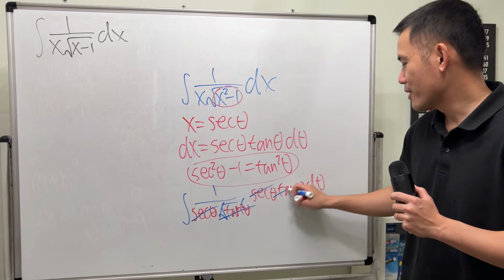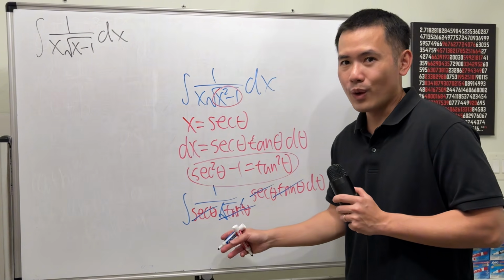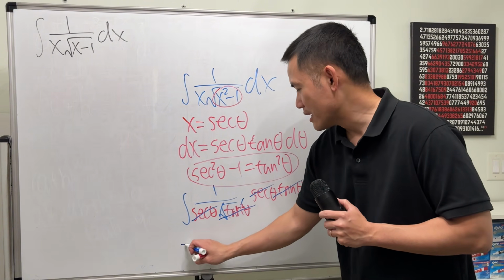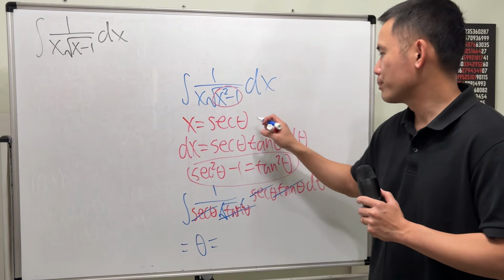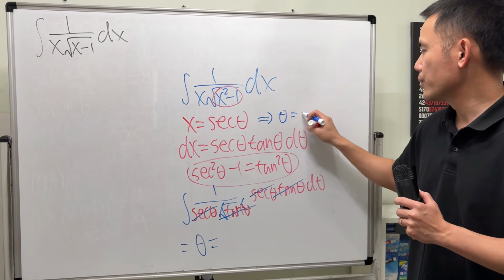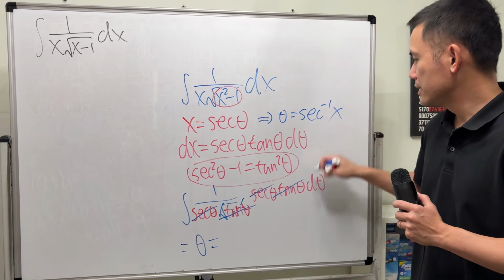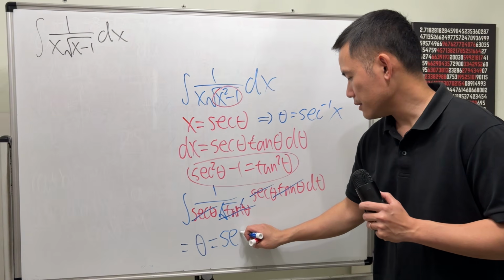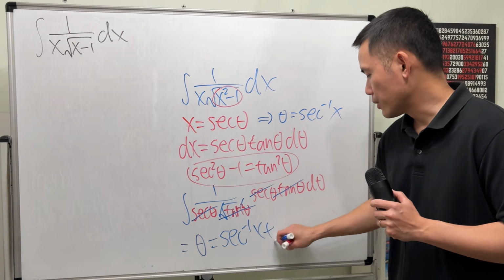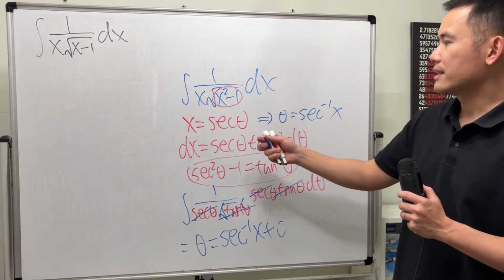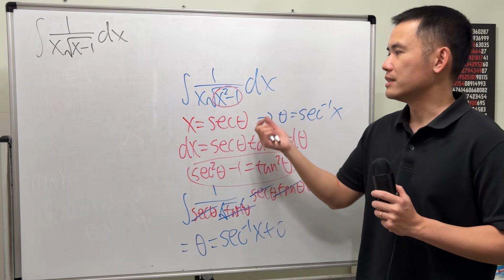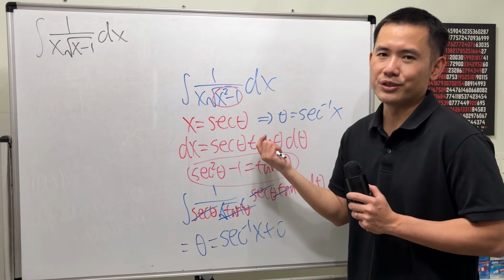Tangent theta cancel. You're just integrating 1 in the theta world. So you just get theta. If you look back here, you see that theta is equal to inverse secant. And then we're done. And in fact, if you remember the derivative of inverse secant is equal to this, then you can actually just put down the result as well.